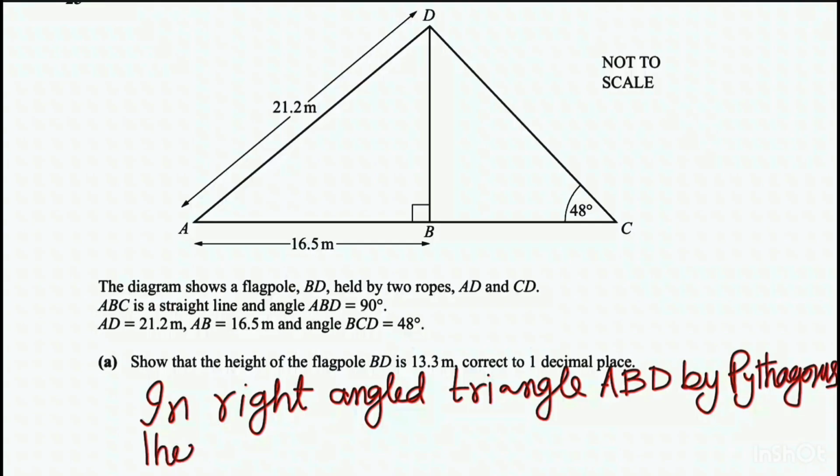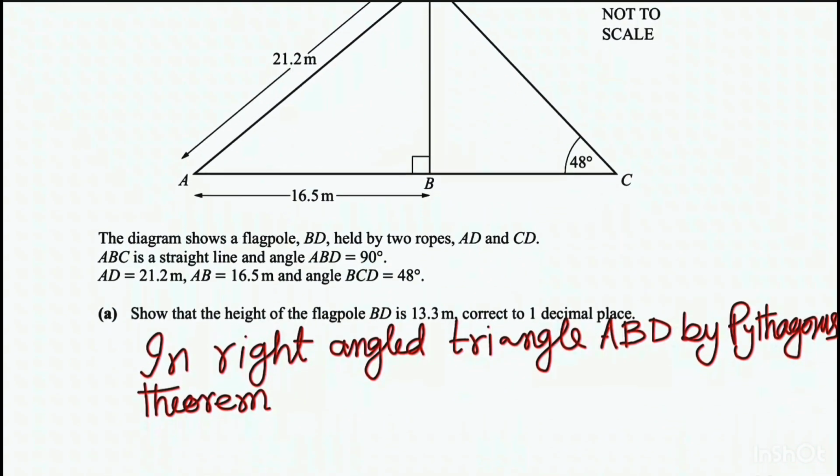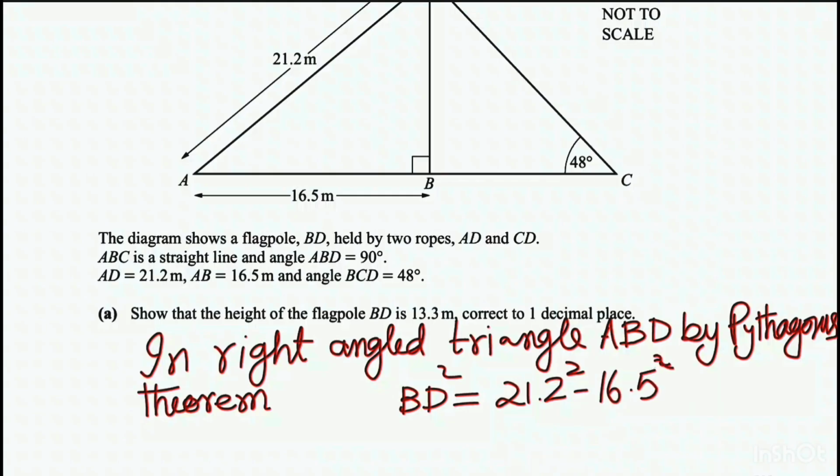So how can we show? As ABD is a right angle triangle, we can apply the Pythagoras theorem on it, where the hypotenuse is given and the base is given. So from the hypotenuse square we subtract the base square to find BD. The hypotenuse is 21.2, so BD square is equal to 21.2 square minus 16.5 square.